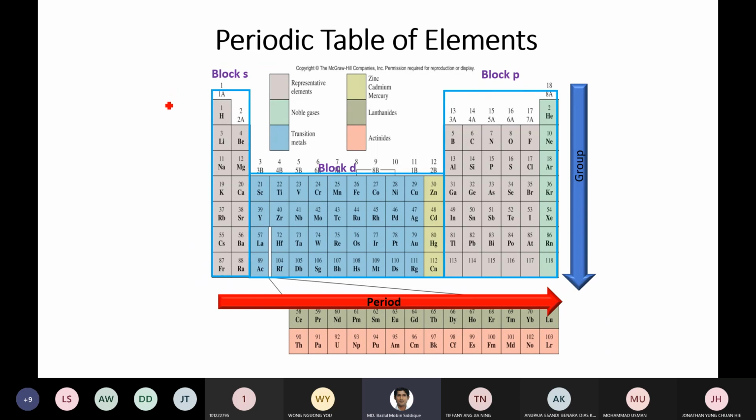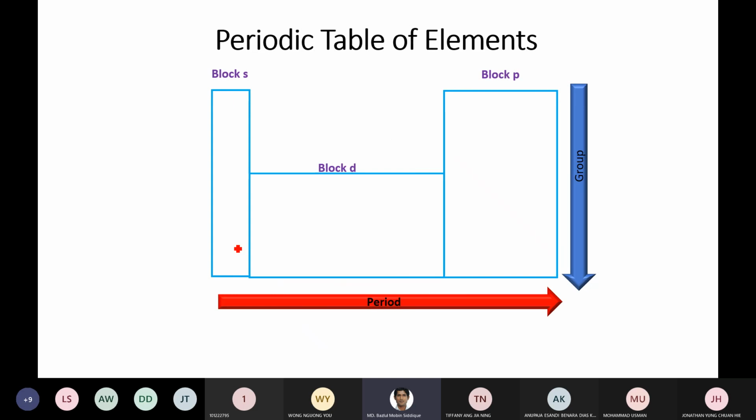And here, we already know that in the periodic table we have divided the elements into three major blocks, right? S block, D block, and P block elements.